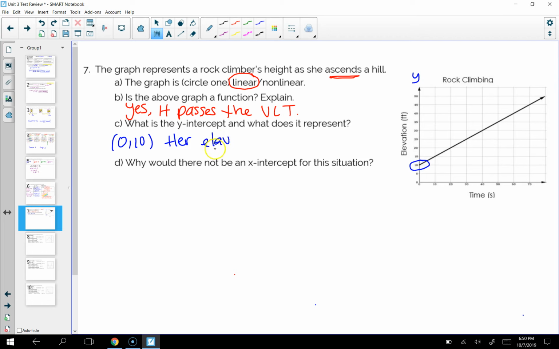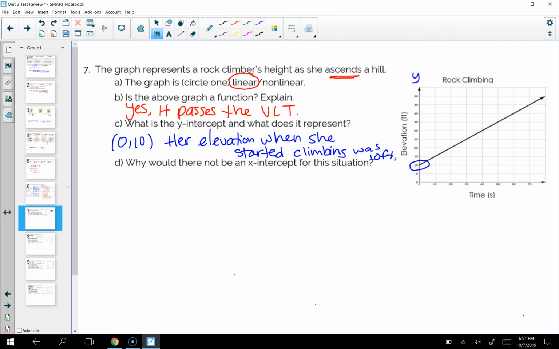Alright, her elevation when she started climbing was 10 feet. So she was already 10 feet above the ground when she started climbing.